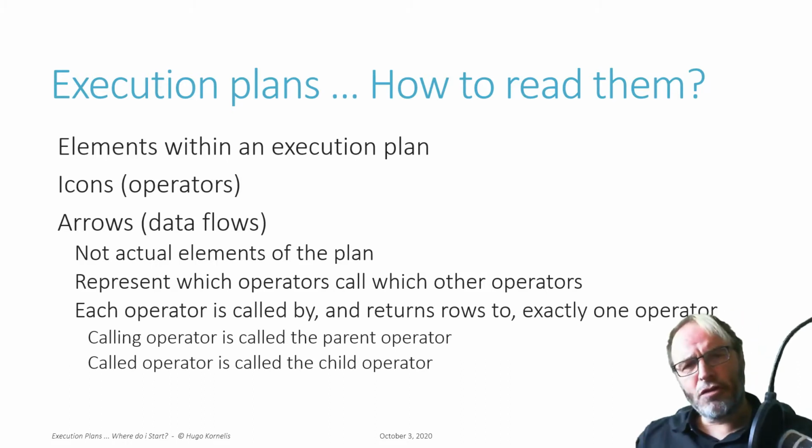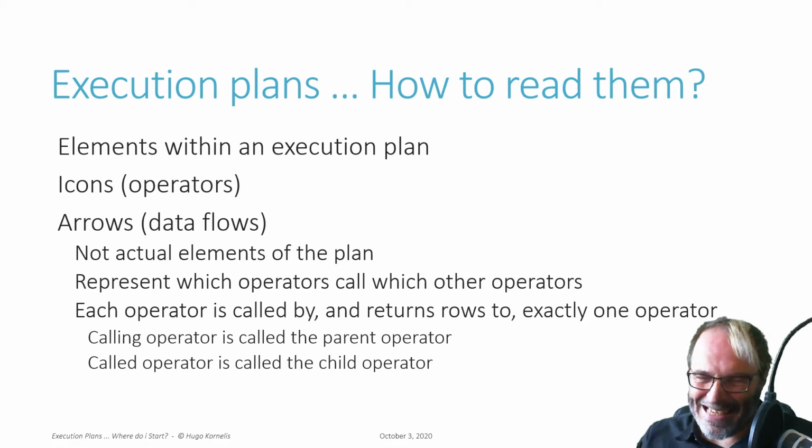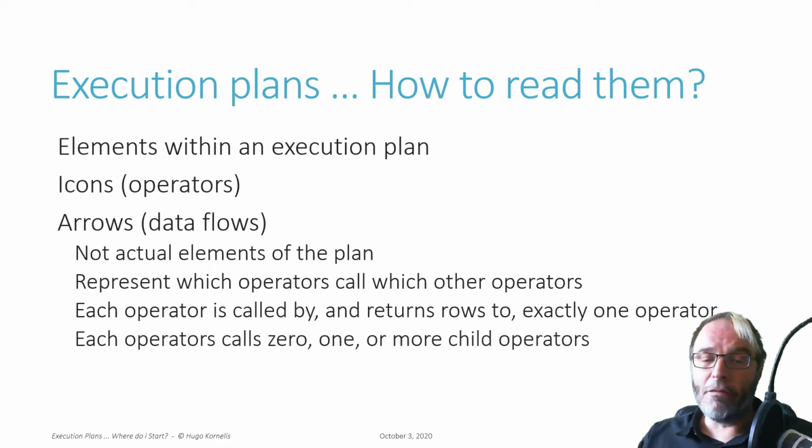So when you look at the structure, it is important to realize that every operator in an execution plan will always be called by and return rows to exactly one operator, which makes the calling operator the parent operator and the called operator the child operator. The reverse is not true.